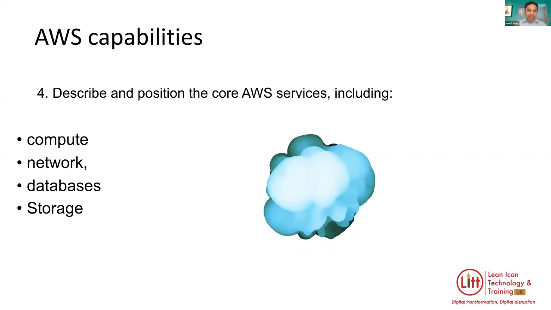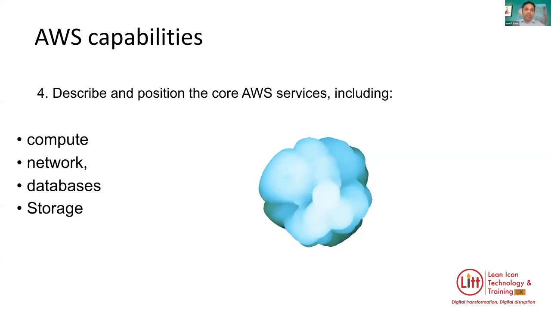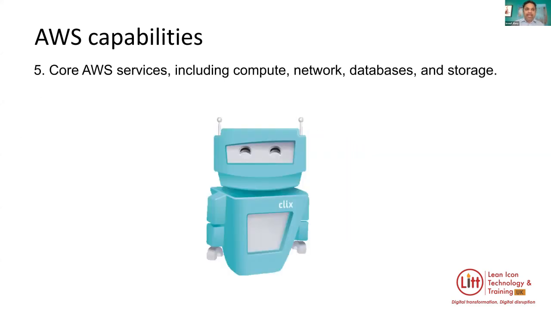If you are using the AWS service just to archive, what sort of products and services do they have, and what are their limitations and capabilities? They will try to test you on this in the exam. And then core services, as I mentioned, compute, network, database, and storage.